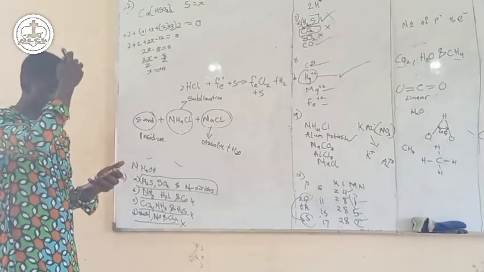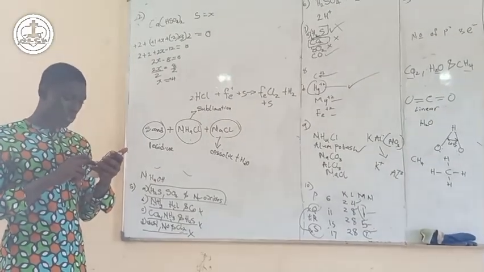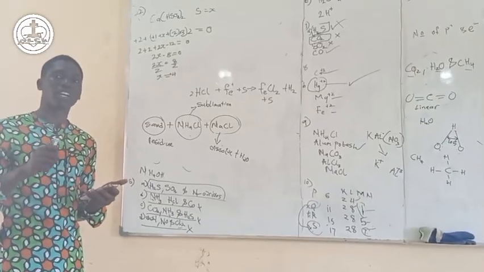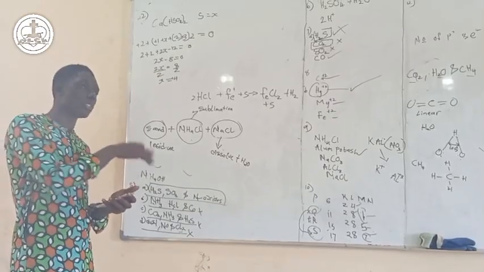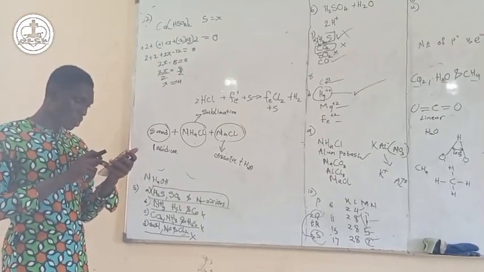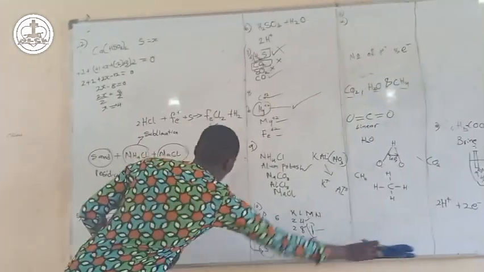Now, a physical change is one that does not involve a chemical reaction. There's no chemical change. It still remains the same. So the answer is D, cooling of water to ice.